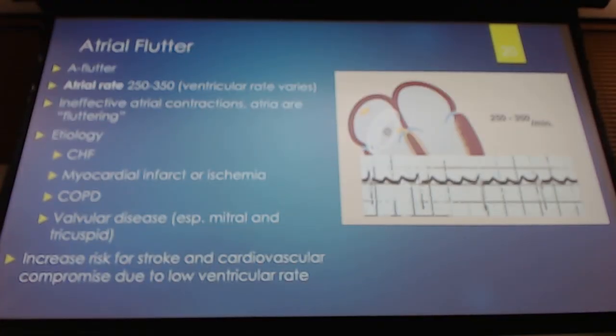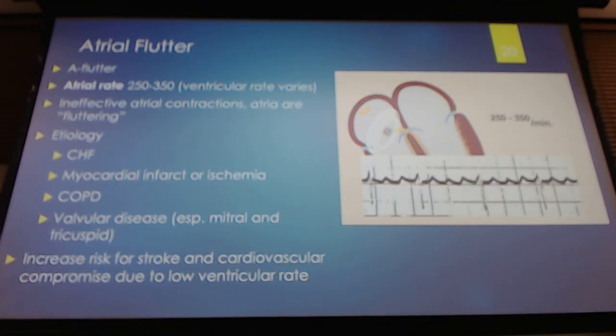All right, another narrow complex regular tachycardia is atrial flutter with a non-variable block. In atrial flutter, we have a single foci in the atria that is just firing like crazy. It is firing 200 to 350 atrial beats. And because it's going so fast, we're not going to see really clear P waves.